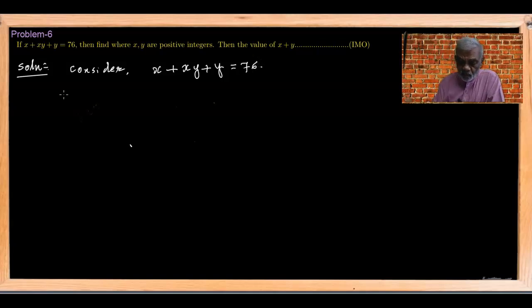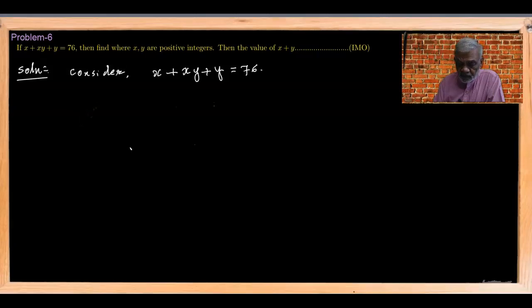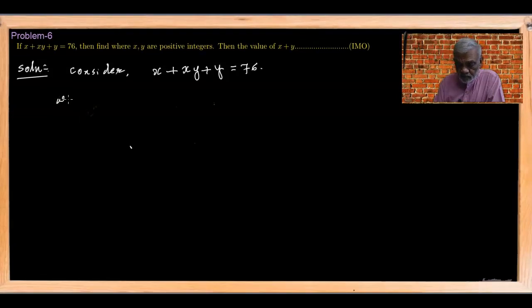Adding 1 to both sides, we get x plus xy plus y plus 1 equal to 76 plus 1.